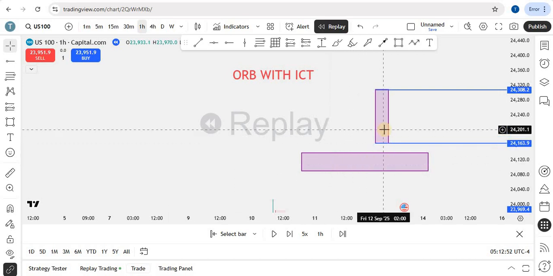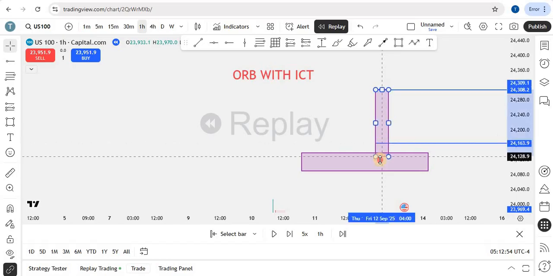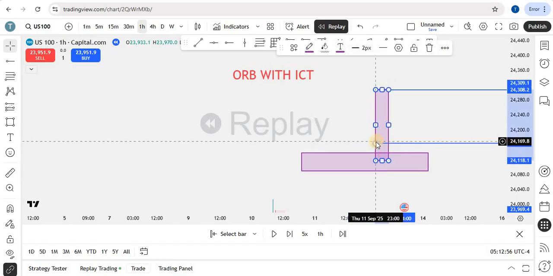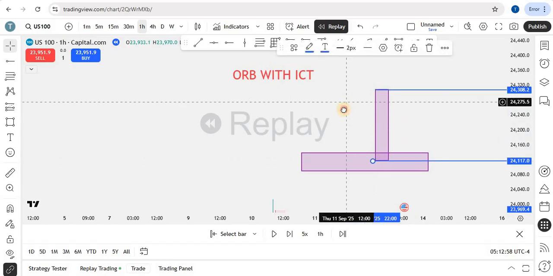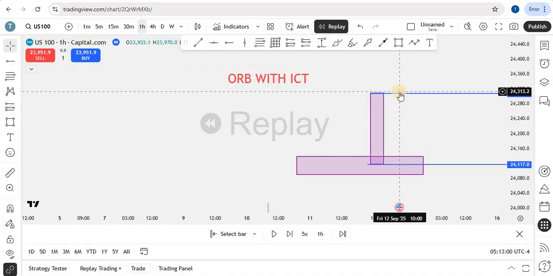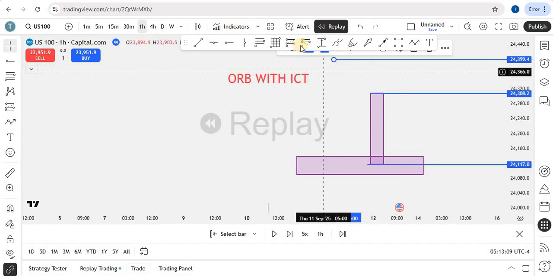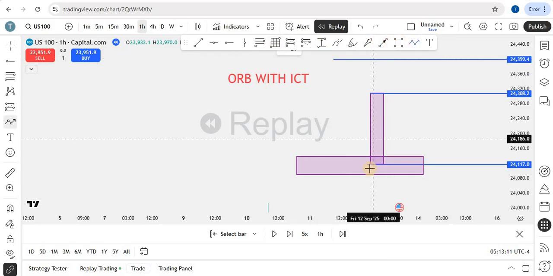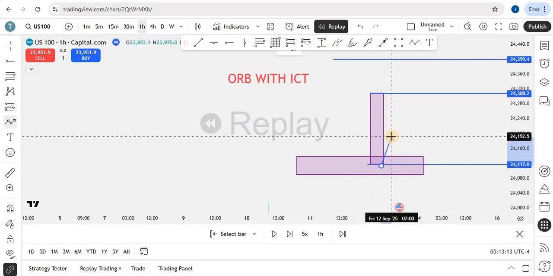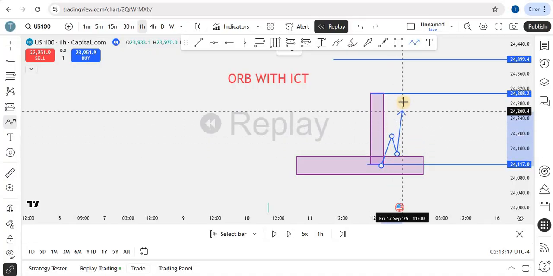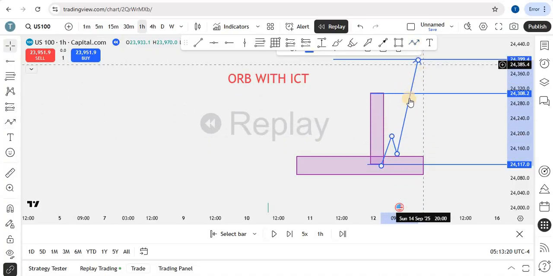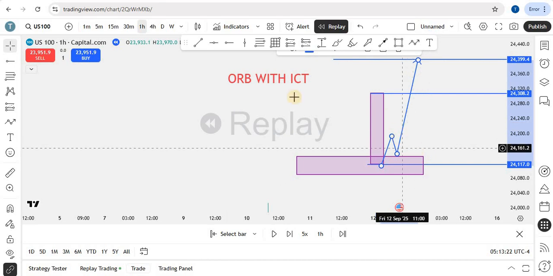Now it is possible that this 15-minute candle itself can touch that POI. Okay, and we have no need to wait for a breakout. We can take the trade once it taps on the key level, and we have some sort of liquidity area here. So what we will do, we will wait for an inversion fair value gap.